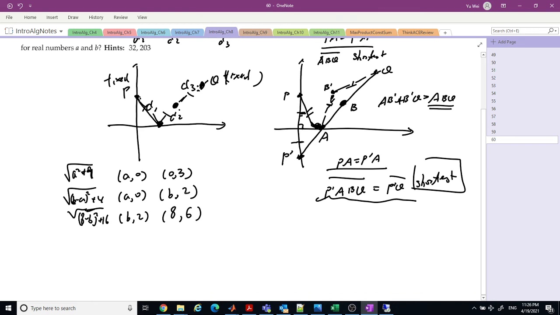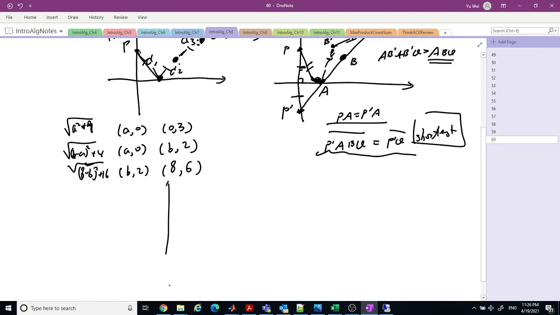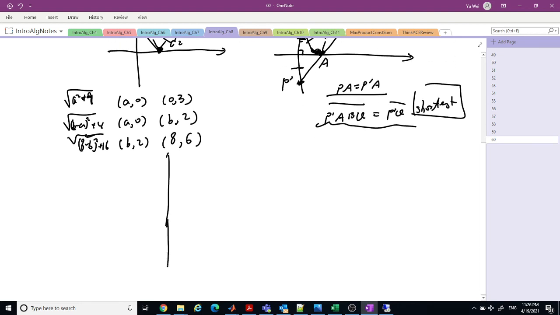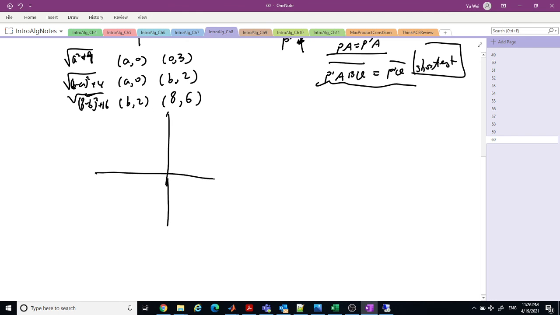So now you can see I equivalently construct a problem in the xy plane. Here is the fixed point P, here is the fixed point Q. Then we need to find A. Here A is on the x-axis and B is on the line y equals 2, right?